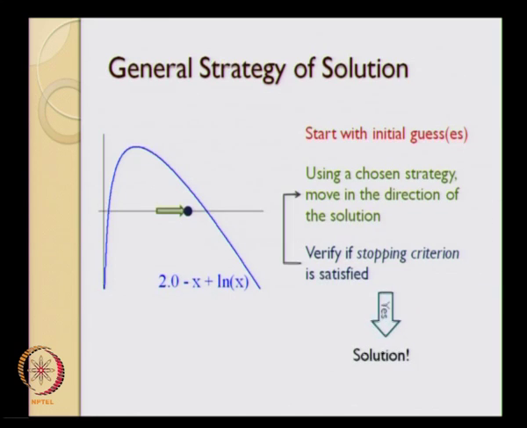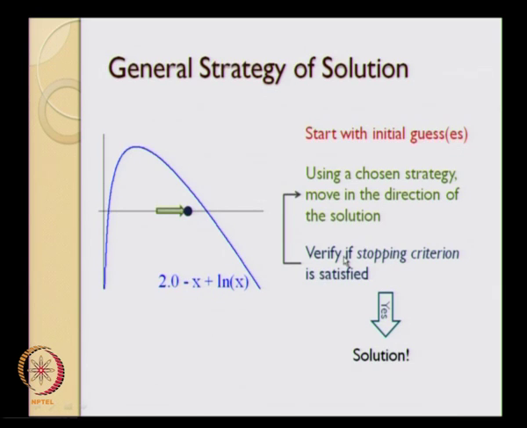Because of that, we have to go back, solve this problem once again using the chosen strategy, again move in the direction of the solution, again verify if the stopping criterion is satisfied, and keep doing this repeatedly. Once the stopping criterion is satisfied, that is going to be the numerical solution that we obtain.